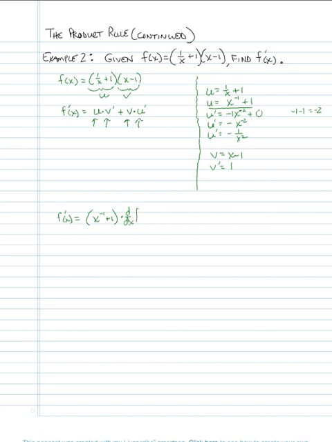Without actually calculating it, we're writing down the derivative of the second function, which is x minus 1. And then we add to that, and we reverse the roles. We'll say the second function, x minus 1, multiplied with the derivative of the first function, which we said was x to the negative 1 plus 1.